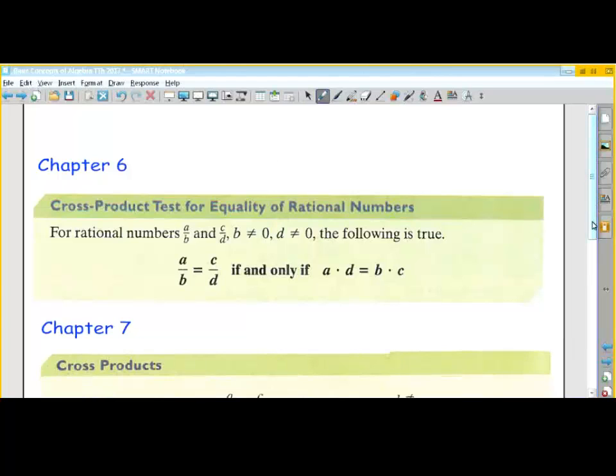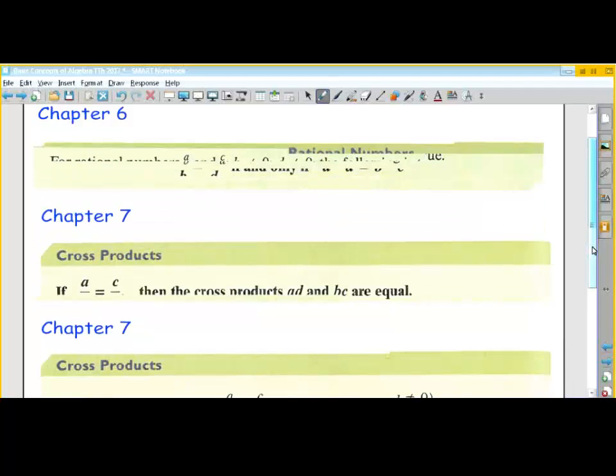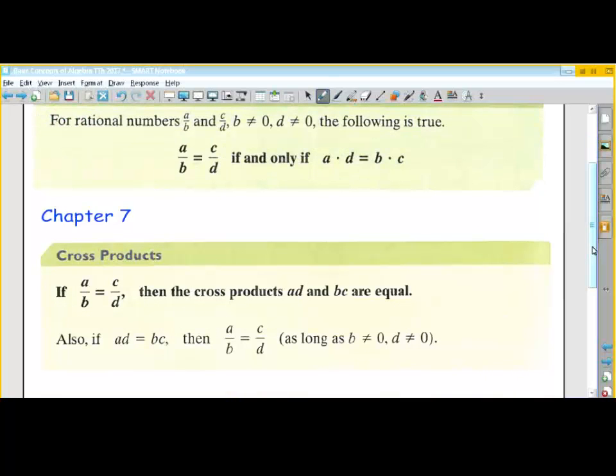In chapter 7, we're talking about proportions or ratios. It's basically the same rule, just that in chapter 7 we're talking about ratios, which are rational numbers. So in chapter 7, they have this definition.